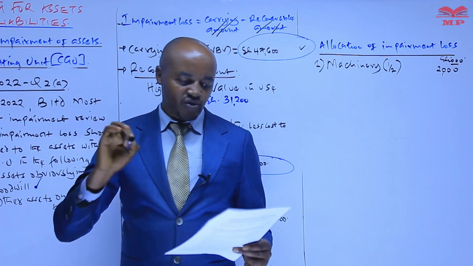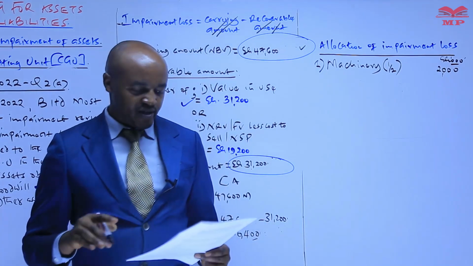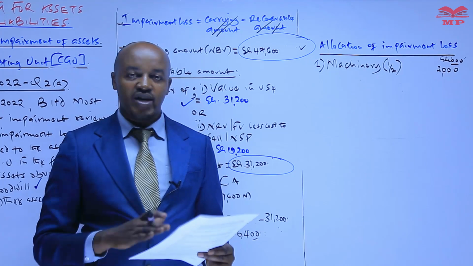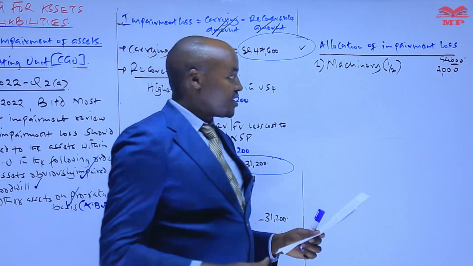And that means that the value of those machines after allocating the impairment loss will be 0. So basically, it means that the other half of the machines, or half of 4 million, are not obviously impaired.